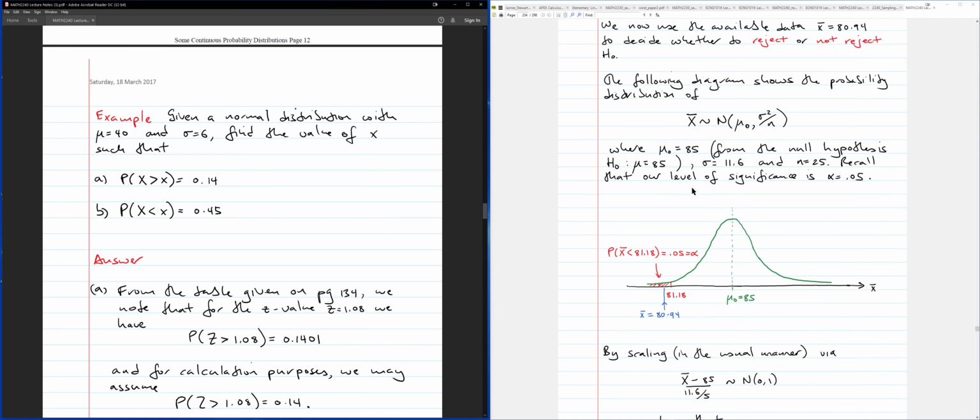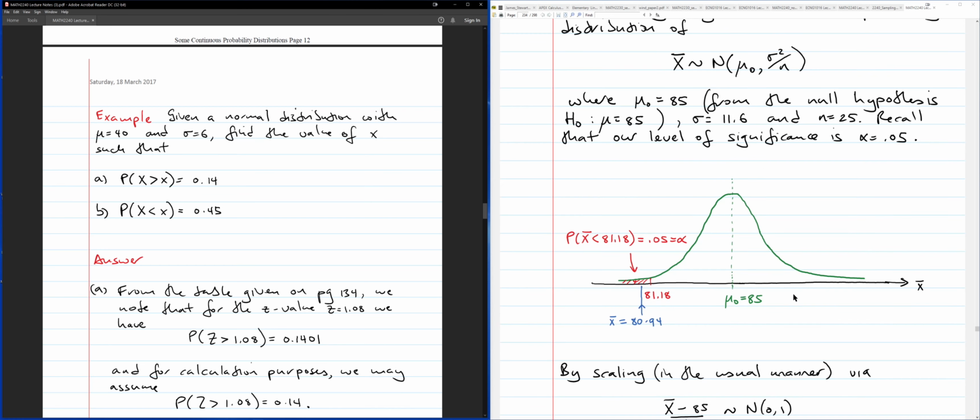We know X bar, we know its normal distribution, its mean, and its standard deviation. What we're given is 0.05, and once you're given this, you can work backwards and figure out this 81.18.